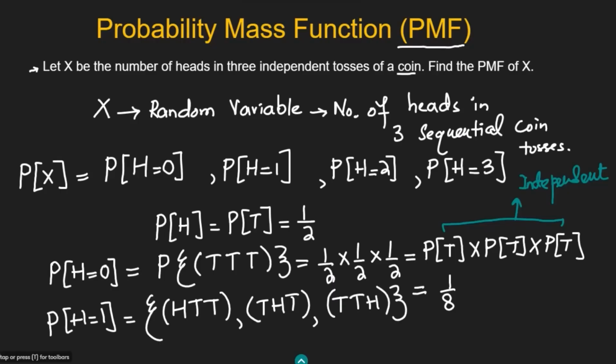So these are basically the three items, and either we will get this one or this one or this one.